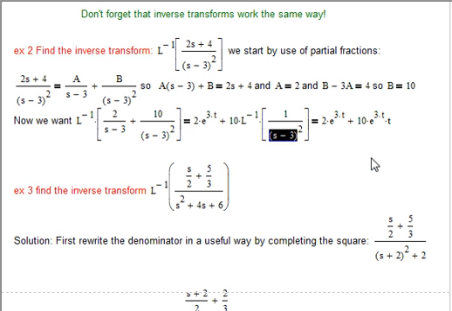The transform of 1 over s squared would just be t. But the fact that it's displaced by 3 units means it'll be e to the 3t times t, times the 10 constant multiplier we had in the front. Okay?